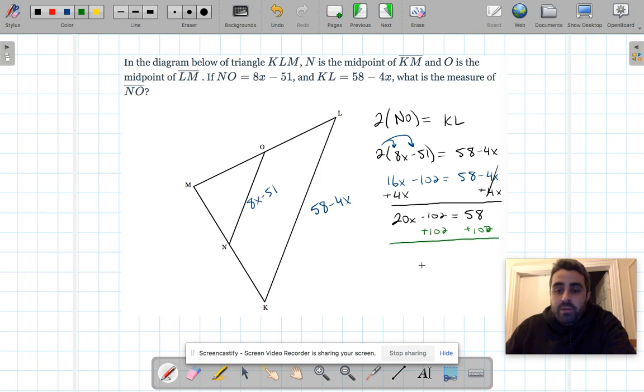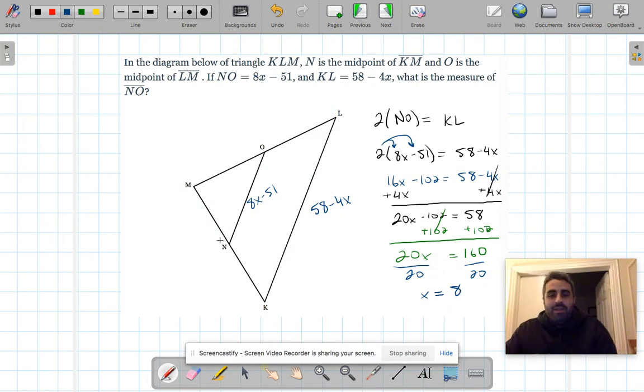So negative 102 plus 102 cancels out. Bring down 20x. 58 plus 102 is 160. And that did not write for some reason. And finally, I'm going to divide by 20 to see that x is 8.